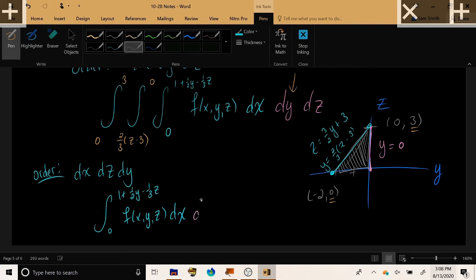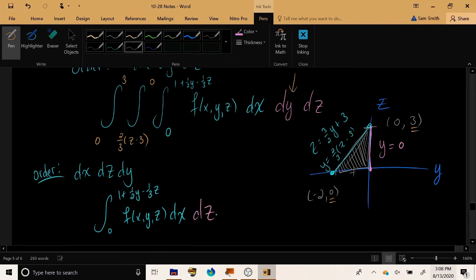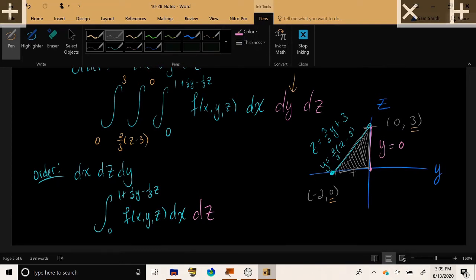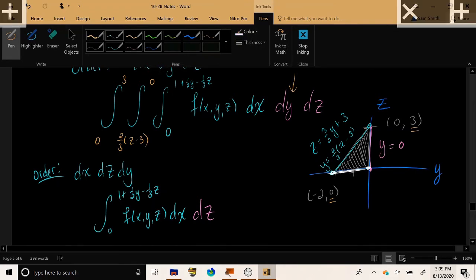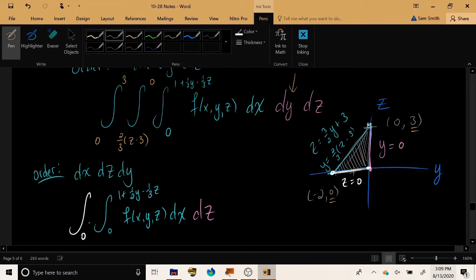But this time, z will come before y. And so I need to return to this region in the yz plane and think about what functions of z bound this region in the positive z direction and in the lower z direction. On the bottom we have z equals 0 on the y-axis, so we'll integrate from z equals 0.